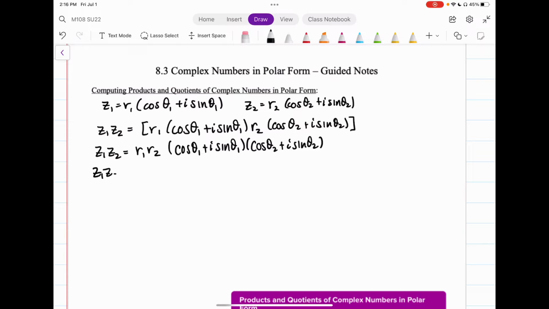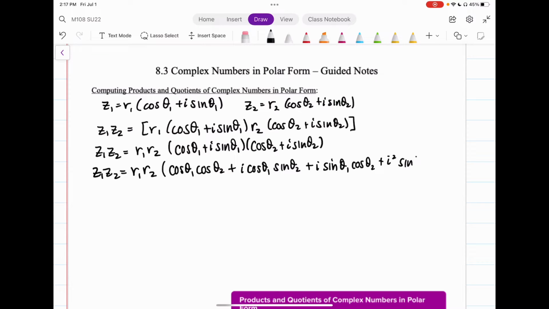Foiling, we get cosine theta 1 cosine theta 2, and that does not become cosine of theta 1 theta 2. That's cosine of theta 1 times cosine of theta 2, plus i cosine theta 1 sine theta 2, plus i sine theta 1 cosine theta 2, plus i squared sine theta 1 sine theta 2.